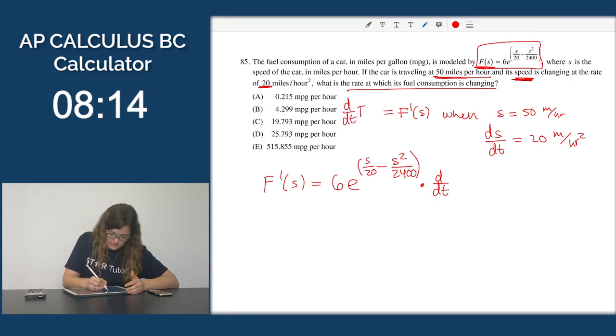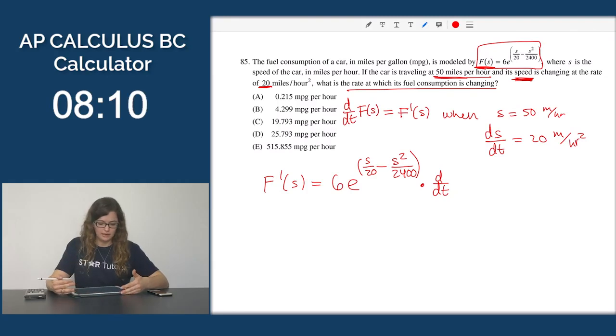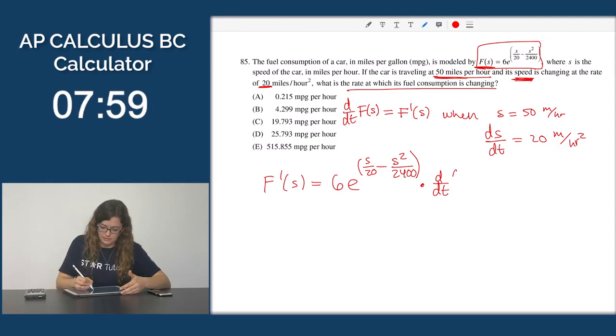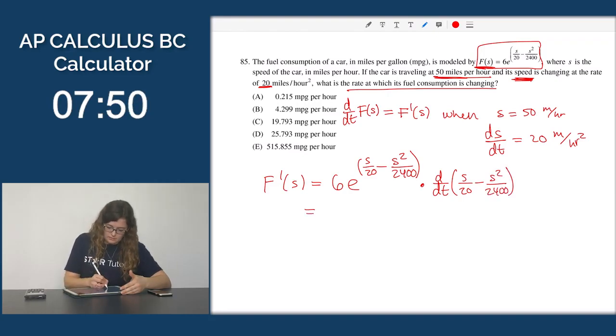Derivative with respect to time of F of s. So note that the speed is dependent on time, and I'm taking the derivative here with respect to time, not with respect to the speed. That's important. So I'm taking the derivative with respect to time of this, s over 20 minus s squared over 2400. Okay, so now I have 6 times e raised to this, s over 20 minus s squared over 2400.